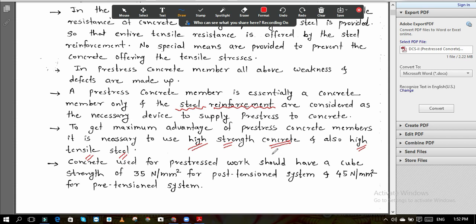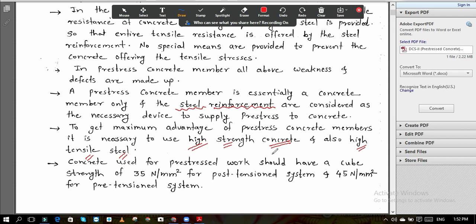For pre-stressed concrete, Fe 500, sometimes Fe 550, is preferably used. That is the high grade of steel, and for high grade of concrete, minimum M30 is used. M25 is the minimum for pre-stressed concrete members.